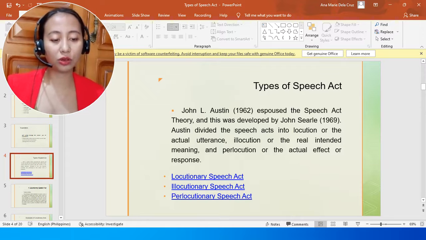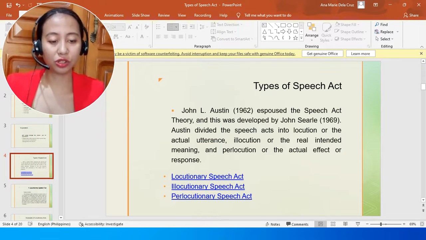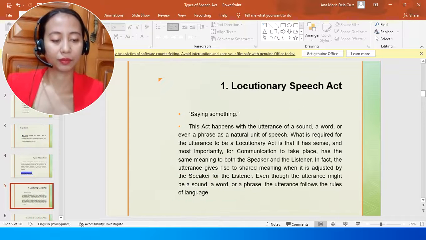Next, illocution, or the real intended meaning. There is a force, okay? And lastly, the perlocution, or the actual effect or response. Again, locutionary speech act, illocutionary speech act, and perlocutionary speech act.